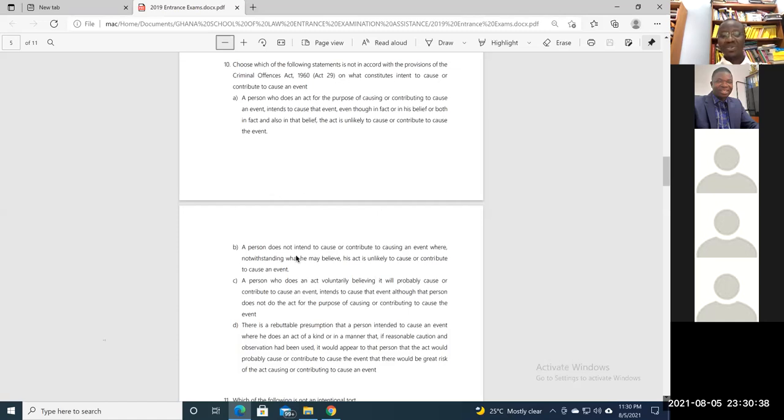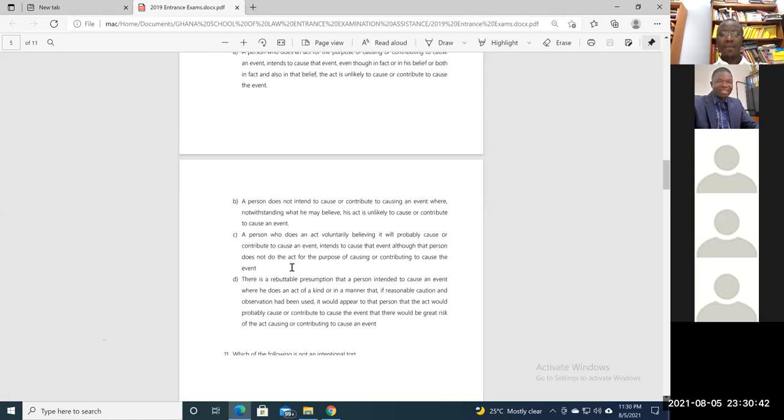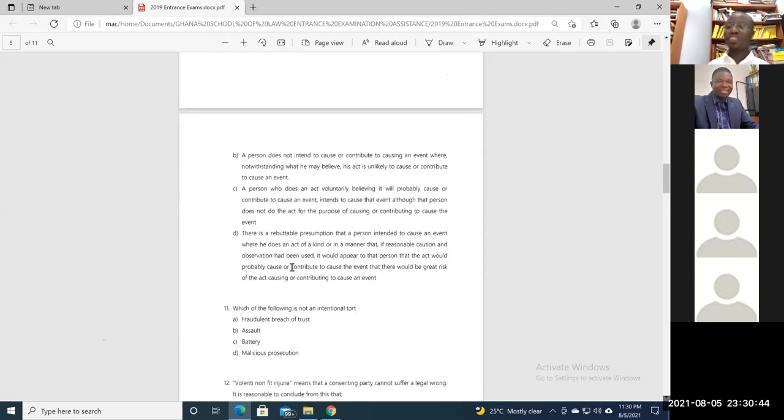Okay, so let's flag B as one of the candidates for the right answer. So let's test that. The person does not intend to cause or contribute to causing an event, where notwithstanding what he may believe, his act is unlikely to cause or contribute to cause an event.